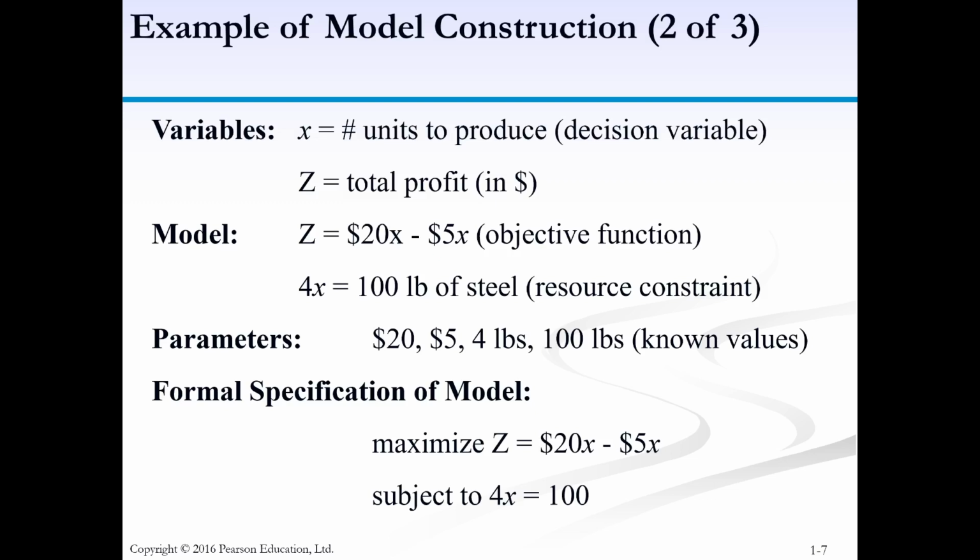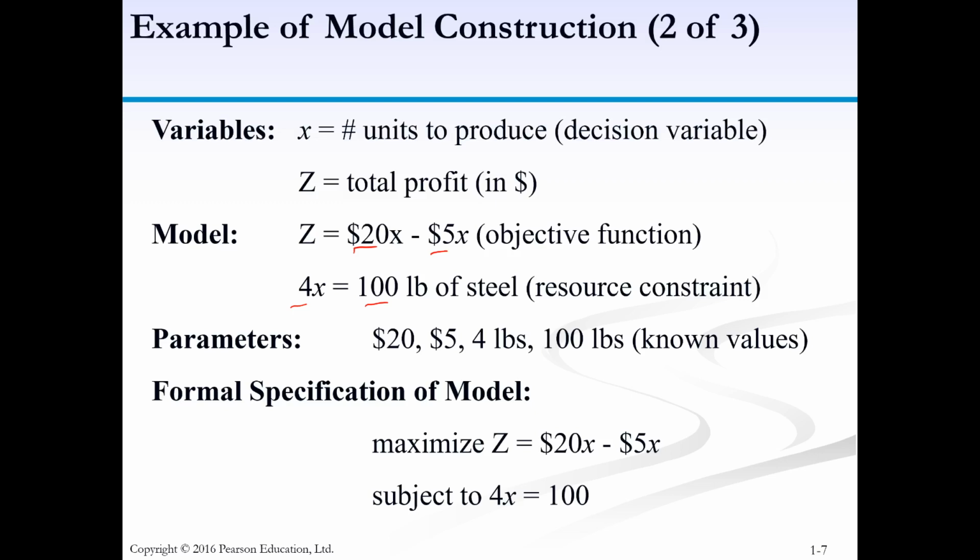And then we have a constraint here: 4X is equal to 100 pounds of steel. So the maximum we can produce is about 25 units. The fixed numbers in this model, 20, 5, 4 and 100, are known as parameters because they are fixed and do not change while we are solving the model.